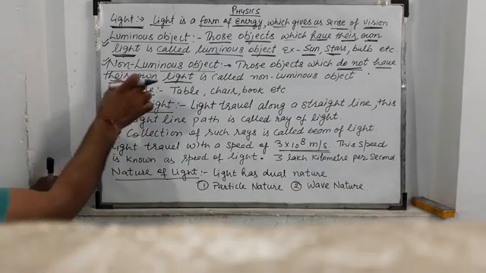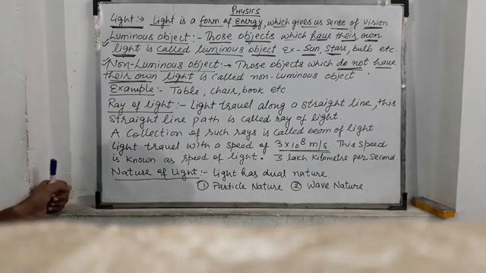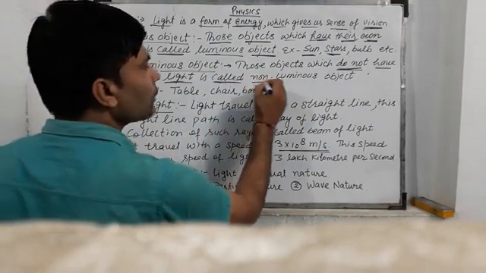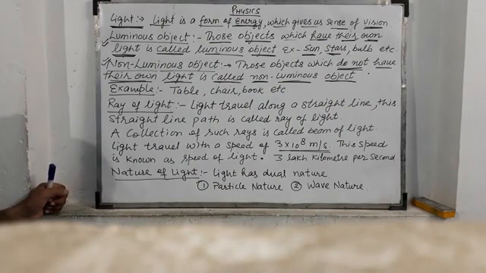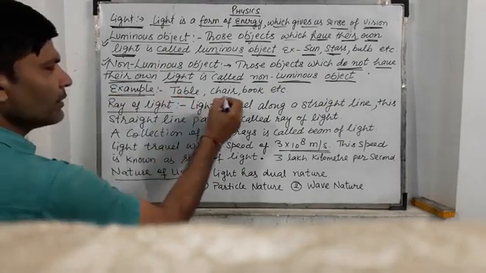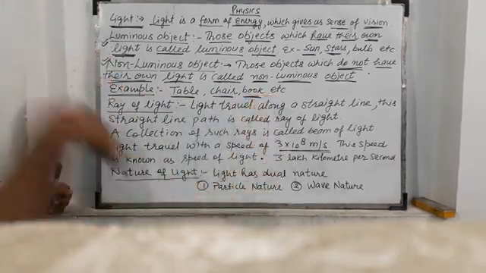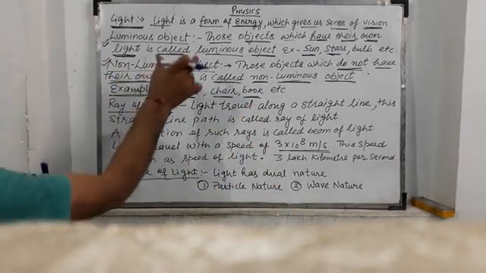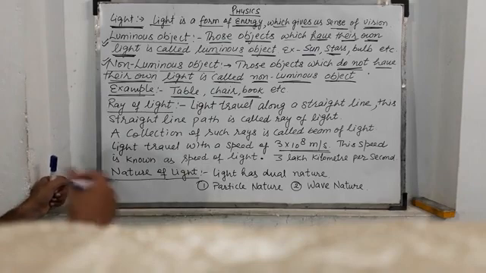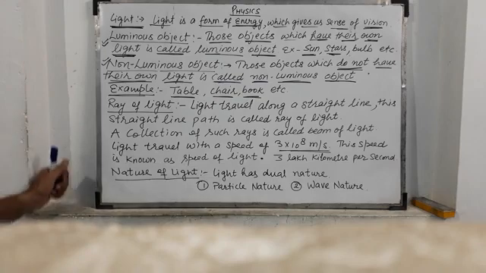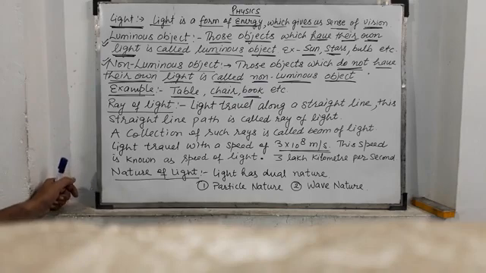For example, table, chair, book, sofa, curtains, fan, AC. Most of the objects in the universe are examples of non-luminous objects.